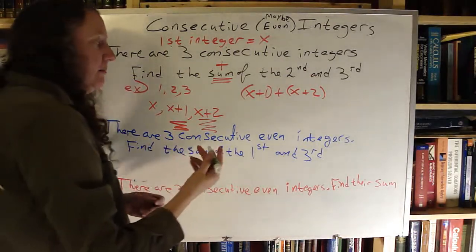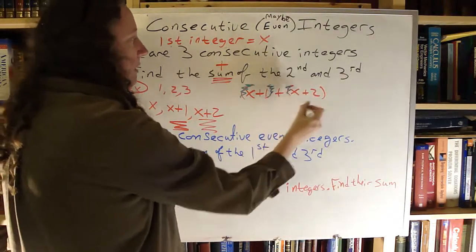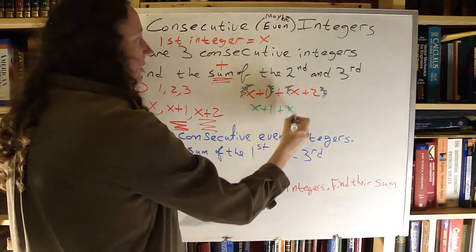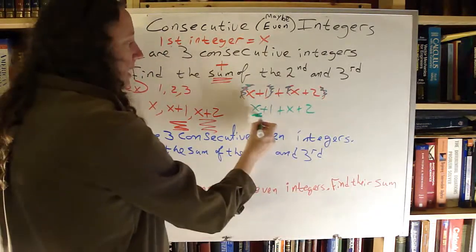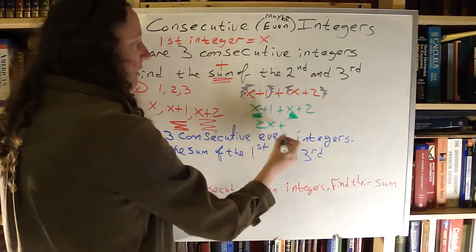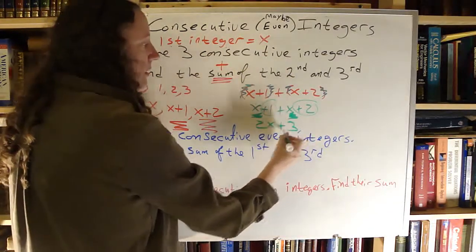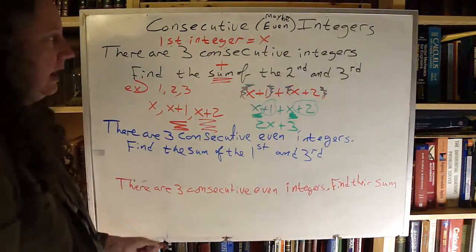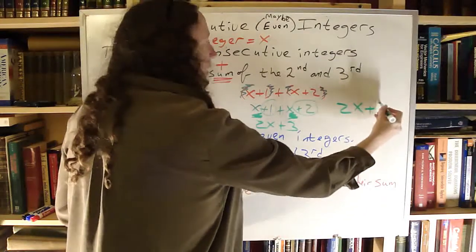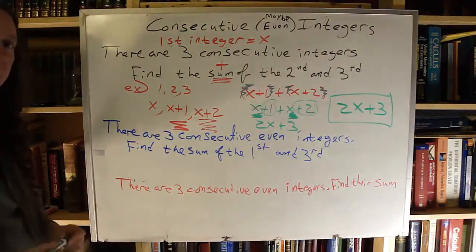I need to combine my like terms, so I'm going to get rid of the parentheses. So I have x plus 1 plus x plus 2. Combine my like terms. So I have 2x plus, combine my other like terms, 1 plus 2 is 3. Now I have my answer, 2x plus 3. That problem is done.